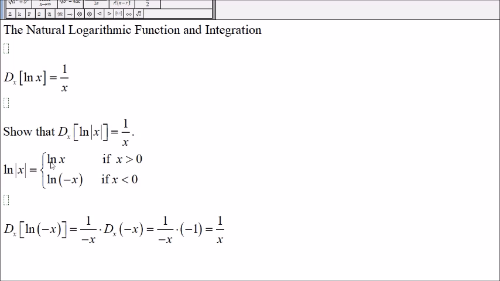And so now we have shown that the derivative of ln x is 1 over x, and the derivative of ln of negative x is also 1 over x. And therefore, we can say that the derivative of the ln of the absolute value of x is equal to 1 over x.